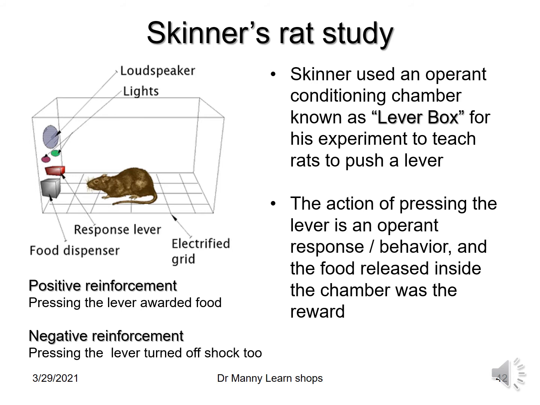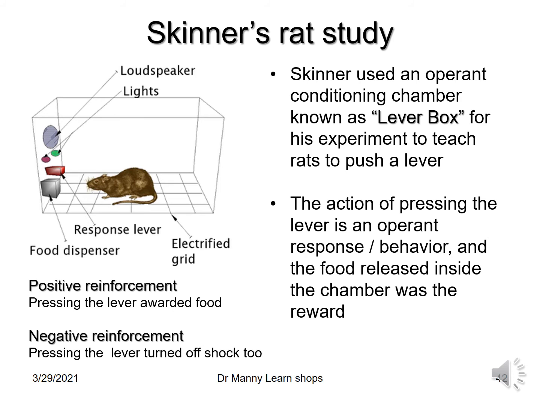Skinner's rat study was actually the initiator. This is where Skinner, in 1938, used an operant conditioning chamber known as the lever box to teach the rat to push a lever. The action of pressing the lever is the operant response or behaviour, and food is released inside the chamber as a reward. The positive reinforcement is pressing the lever and being given food.